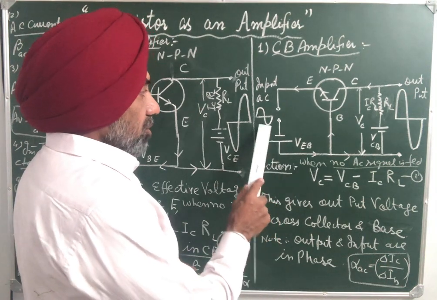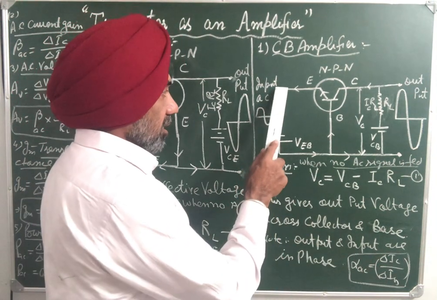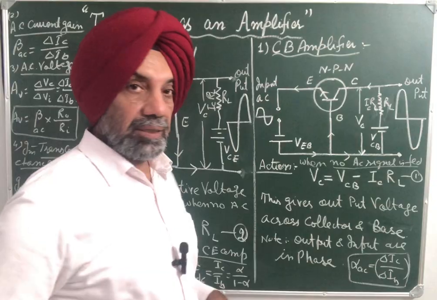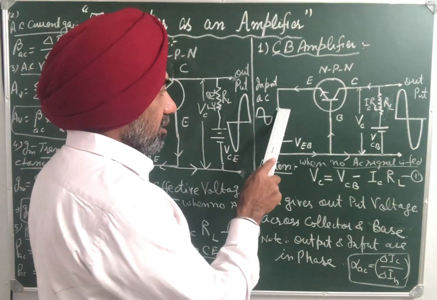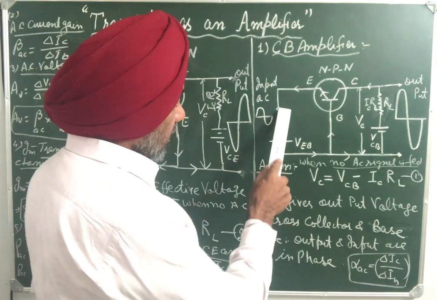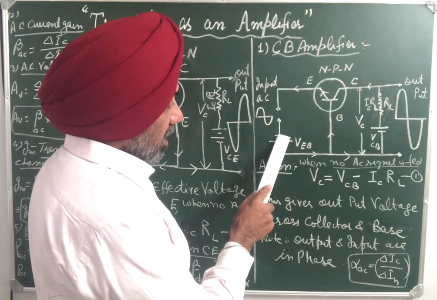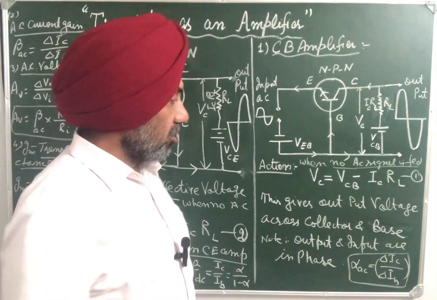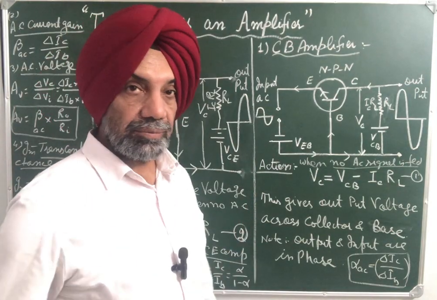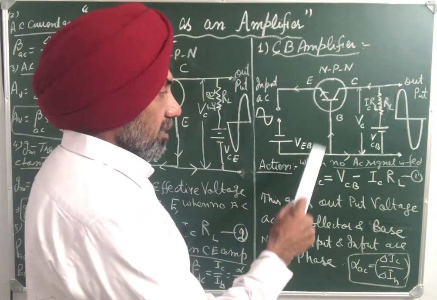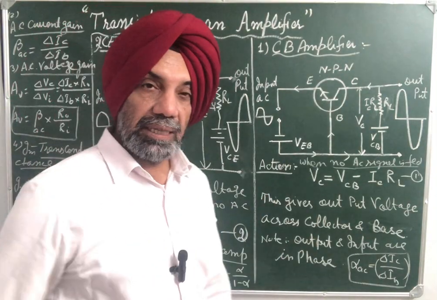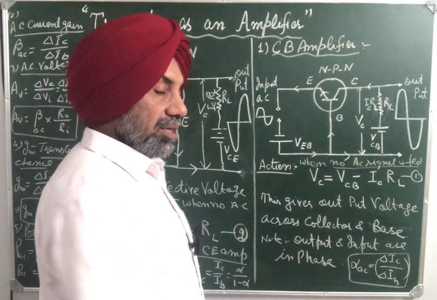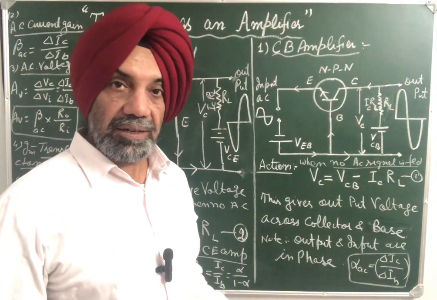Now, when the AC input signal is fed, suppose the positive half cycle falls. When the positive half cycle falls, it opposes the forward bias because it is negative. It opposes the forward bias, meaning forward bias decreases. As a result, emitter current decreases. As a result, collector current also decreases because collector current depends upon emitter current.